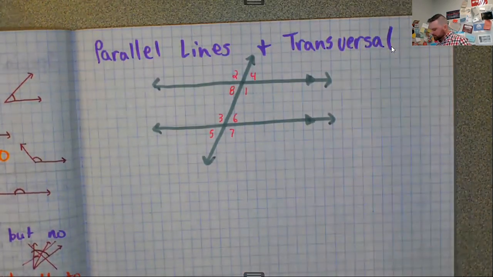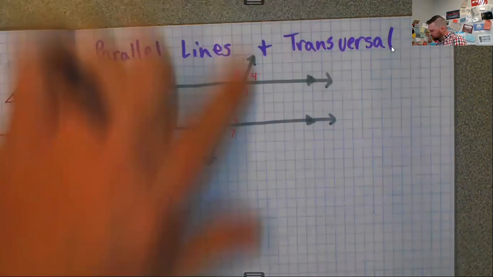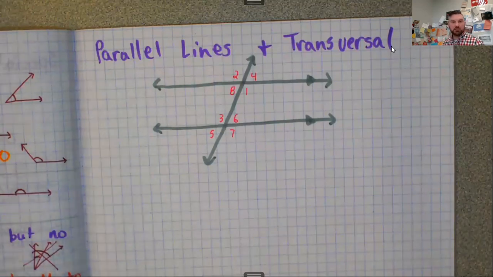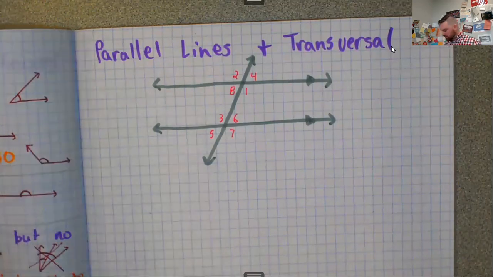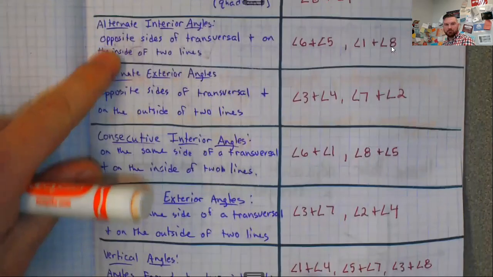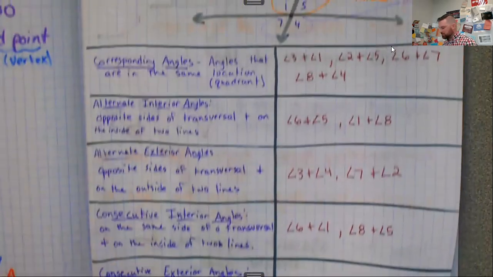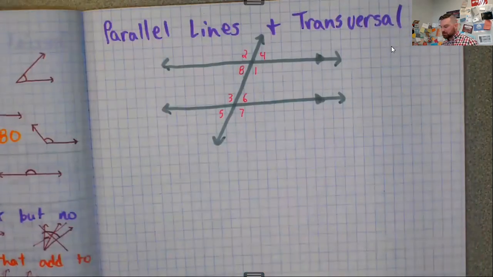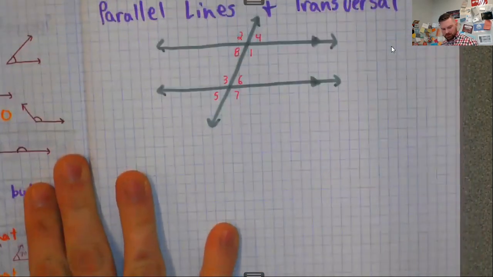All right, so I have parallel lines crossed by a transversal. I still have all the consecutive interior, consecutive exterior, corresponding, alternate interior, alternate exterior, and vertical angle pairs as we did on page 33 when they weren't parallel, but some of the relationships change a little bit.